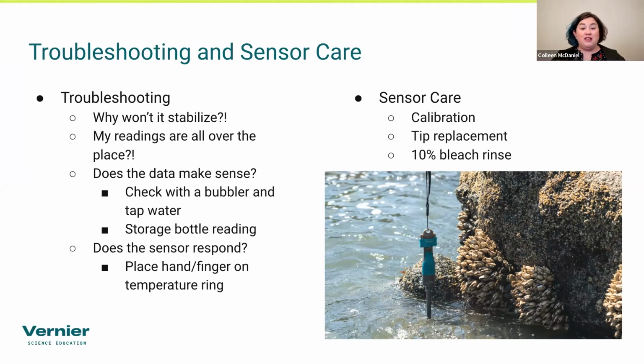The other thing with why won't it stabilize? Patience. Remember, patience. Again, you have to think about what the temperature of your water sample is and what temperature the probe has been sitting at. So if the water is really cold or really warm compared to the atmospheric temperature where the probe is sitting, it's going to take some time.